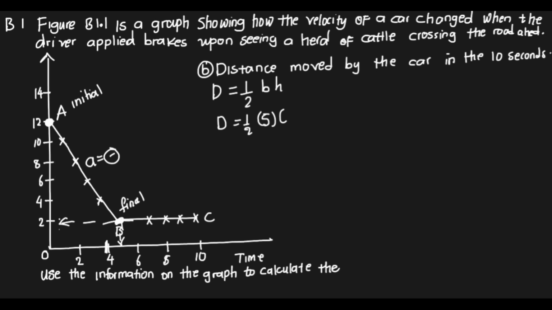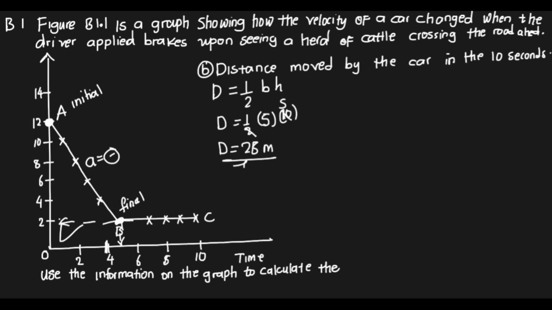So it's the difference between 12 and 2. So 12 minus 2 is 10, or we can say 2, 4, 6, 8, 10. So our height is 10. So distance is equal to half times 5 times 10. Half of 10 is 5, so 5 times 5 will give us 25 meters. So this is the distance for the first part.